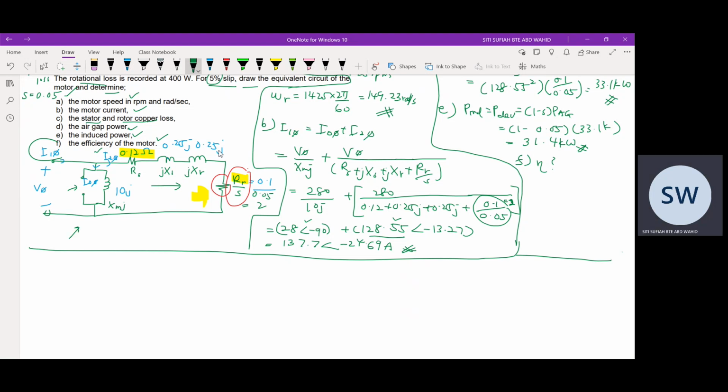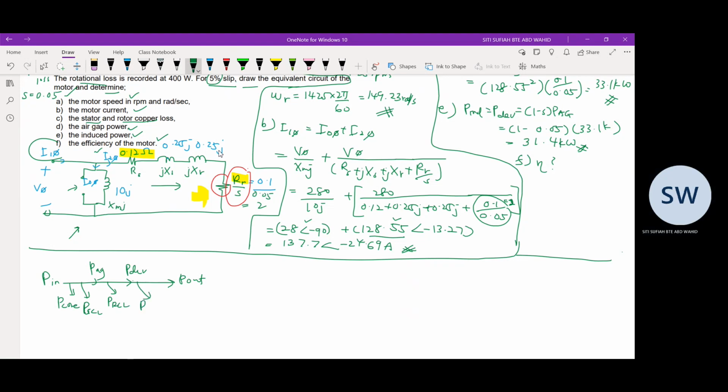You cannot simply use I squared R for P in and P out. You have to refer to the power flow diagram: P out, P develop, P gap, P in. So P core loss, P SCL, P RCL, P mechanical loss, P miscellaneous.